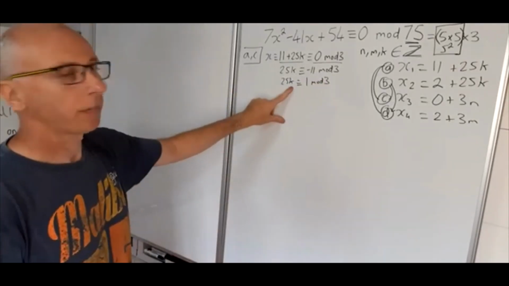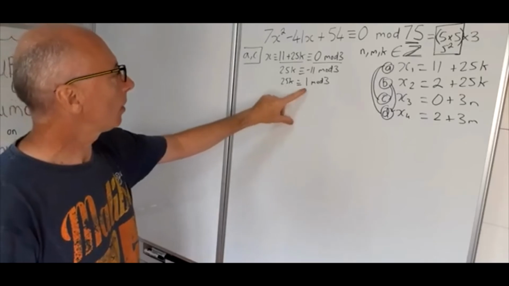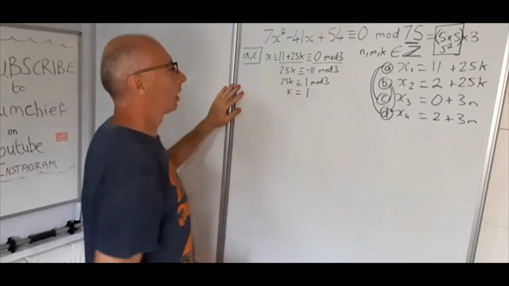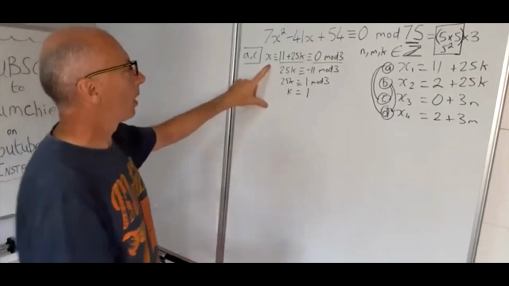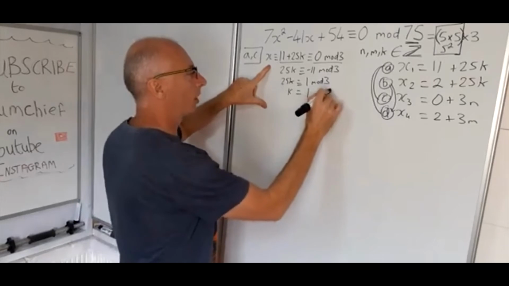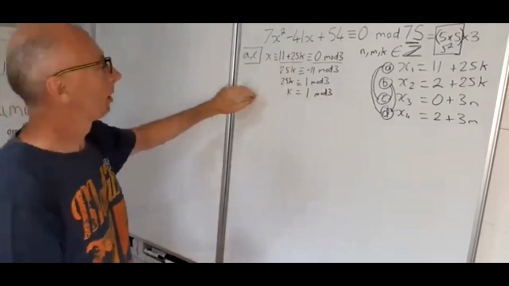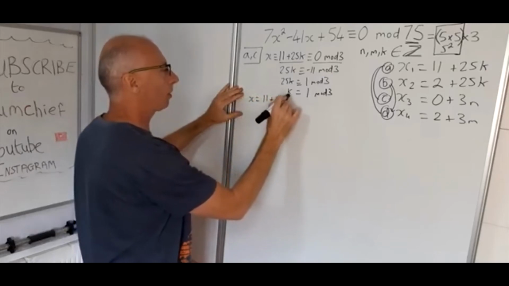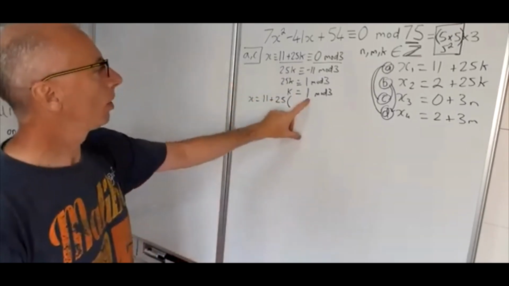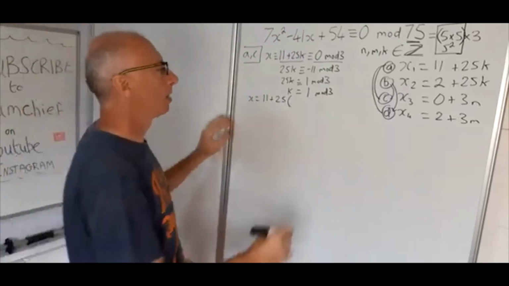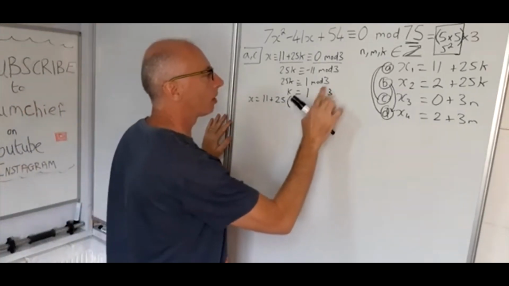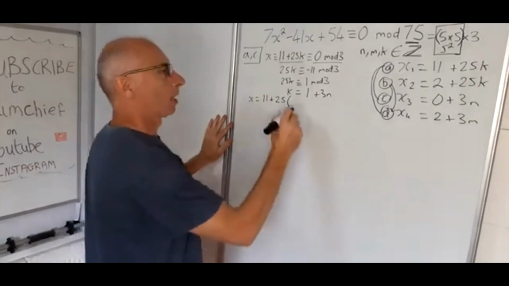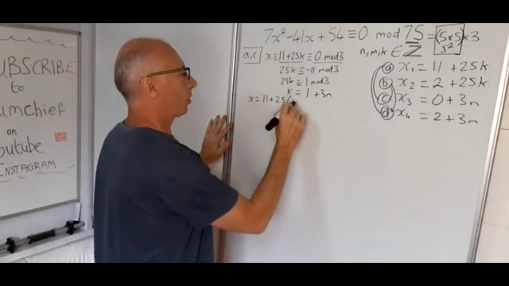So 25k is congruent to 1 mod 3. Now what value can we have for k? Well, 25 is congruent to 1 mod 3, so k equals 1. So now we have 1 mod 3. Now what we write in here is x equals 11 plus 25 times 1 plus 3n. Instead of mod 3 we could have written plus 3n.